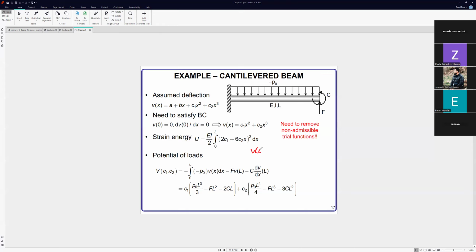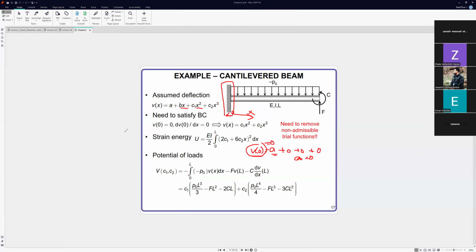V of 0 is equal to A plus this one 0, 0 plus x 0, 0 plus 0. So this means V of 0 equals 0, because it is fixed here, so x is equal to 0 here. If V0, the displacement, is equal to 0, this means that A is equal to 0.